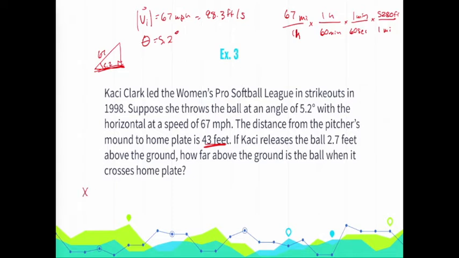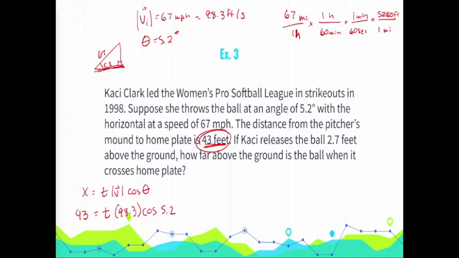So x equals t v cosine theta. Our x is going to be 43 feet. We need to find the time that it takes the ball to travel 43 feet. So 43 feet is t, we're going to use that 98.3 feet per second times the cosine of 5.2.